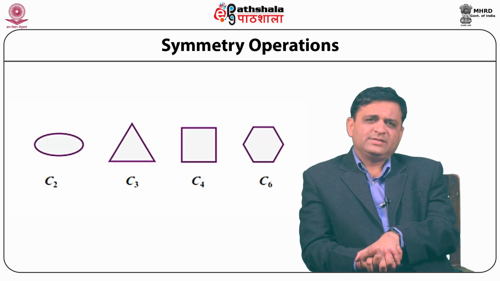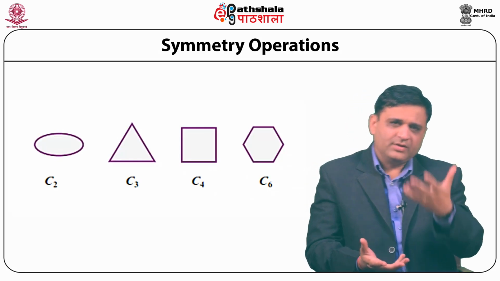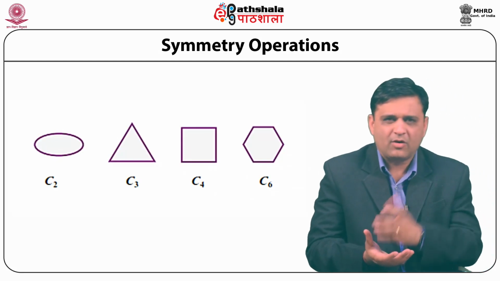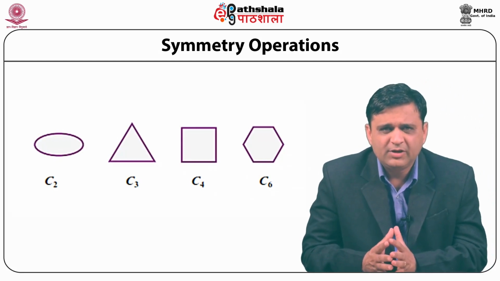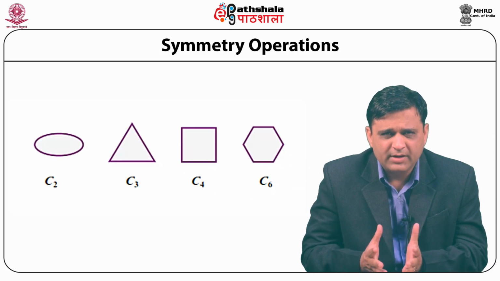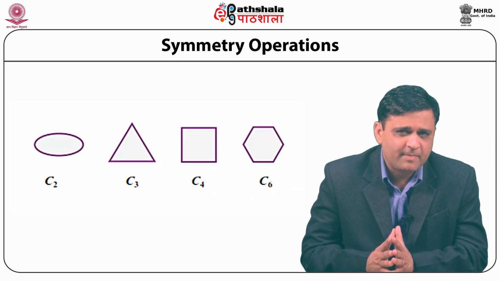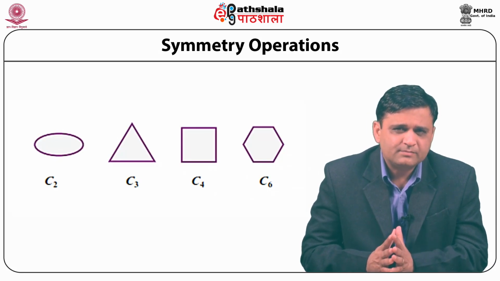Let us see, for example, we talk about rotational symmetry and we have some geometrical figures, and now we call C1 an operation. If we call C1 an operation, which means you rotate it by 2 pi or 360 degrees, let us see what is going to happen.